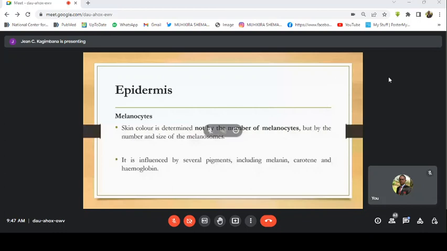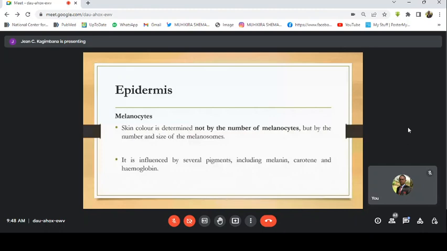Now, the skin color like me, or like this gentleman who is a bit light, do we have the same melanocytes? You and me. You. Yes. Eh? No. You didn't follow. Because you are light-skinned, you think you have more melanocytes. No. Maybe it is the number of melanosomes.